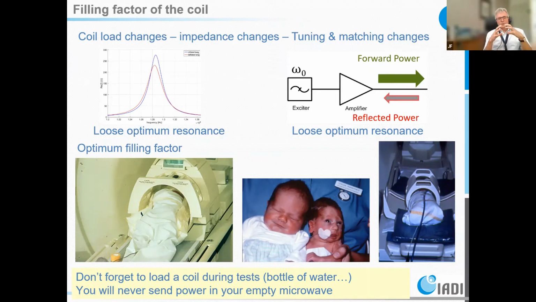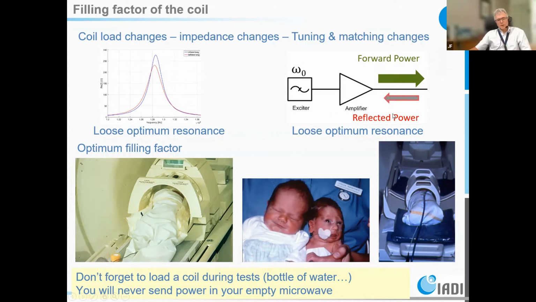If you do not load the system, you have a lot of power coming back. The system is not adapted. I don't want to speak about matching, because this is changing with new systems. But the idea is, if the system is not adapted to the load, the power is going back.